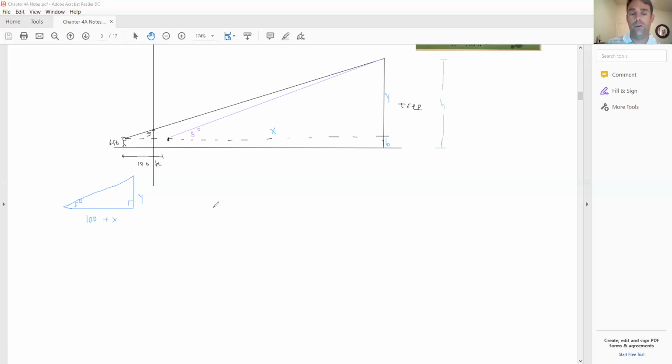On the other triangle, when we walked in 100 feet closer, I noticed that that angle is 8 degrees, still y, and it's still x. Well, friends, both these triangles are dealing with the opposite and the adjacent sides.